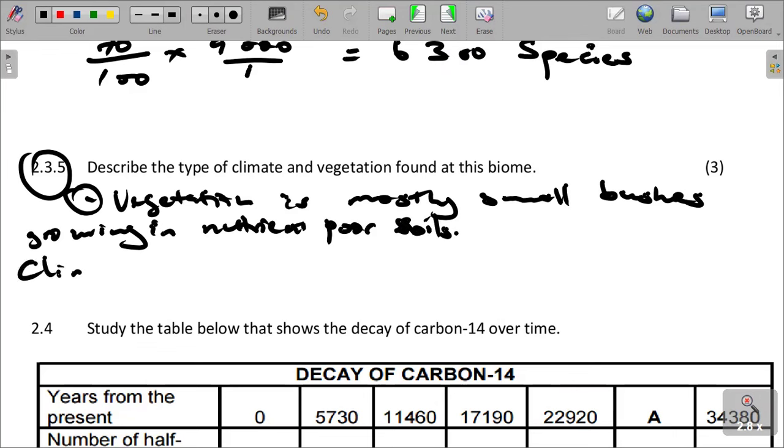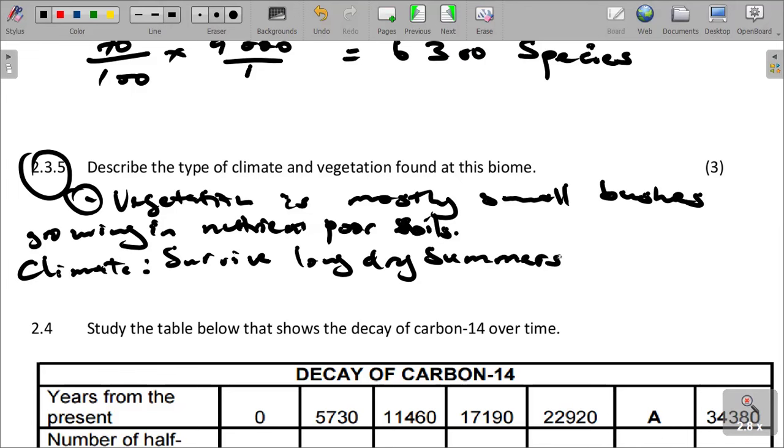What about the climate? We are given that they survive long dry summers and frequent fires.